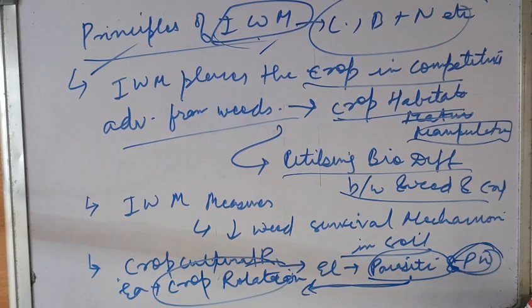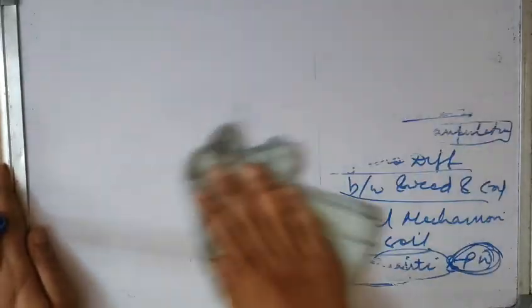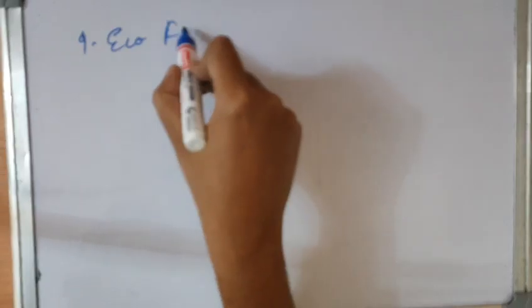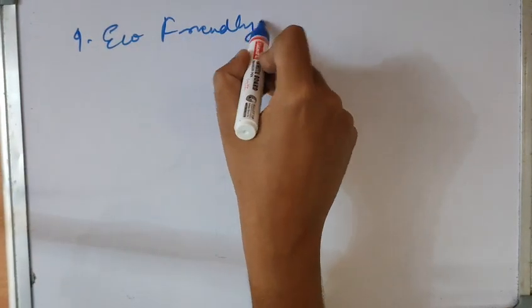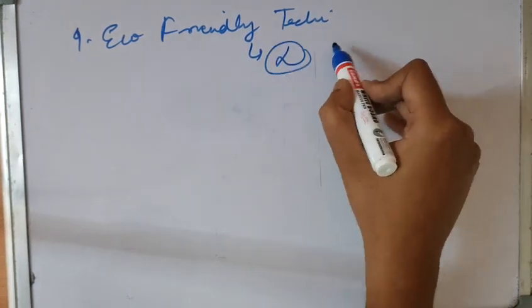Same with perennial weeds, and due to different crop rotations, the perennial weed is not able to compete with different crops at the same time. So that is how crop rotation helps. Moving on to other principles, we will need to adopt eco-friendly techniques that don't harm the environment.